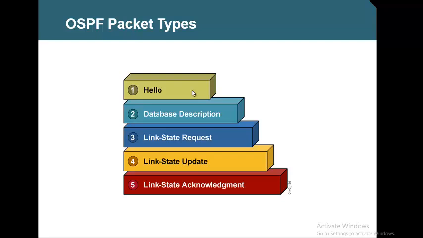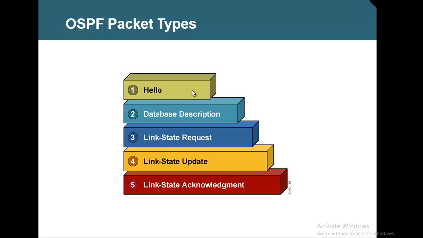In a normal broadcast or point-to-point environment, hello is sent every 10 seconds. You know about database description during the adjacency as well as when an age out happens, as well as the periodic 30 minutes.